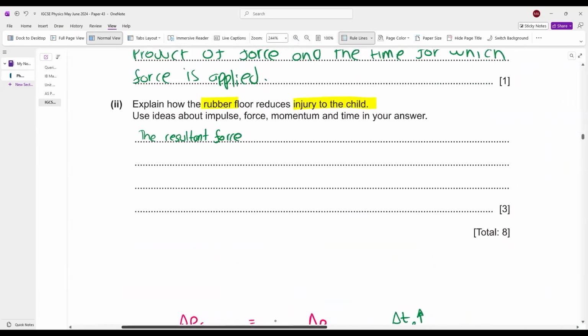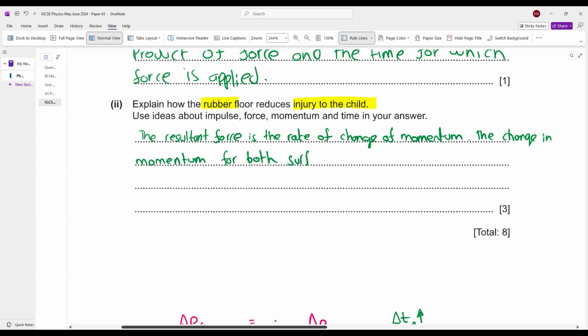The change in momentum for both surfaces remains the same.